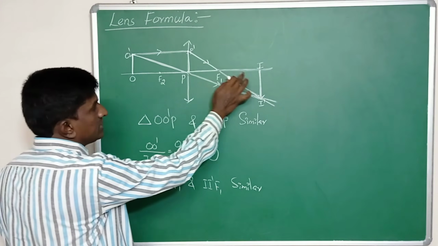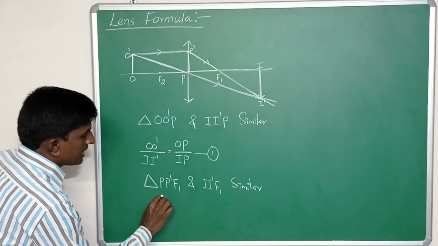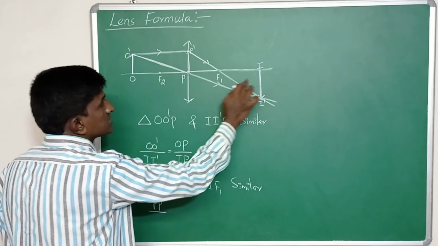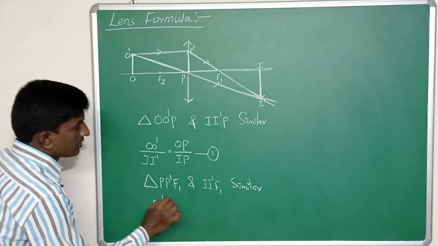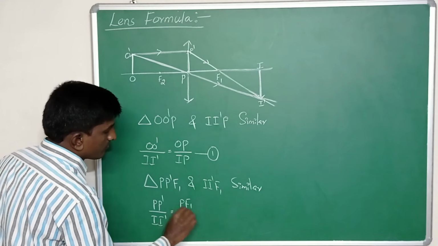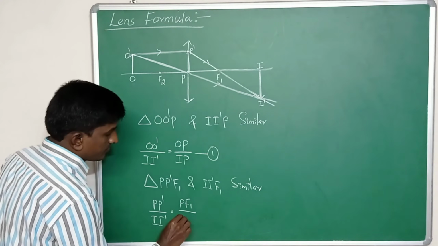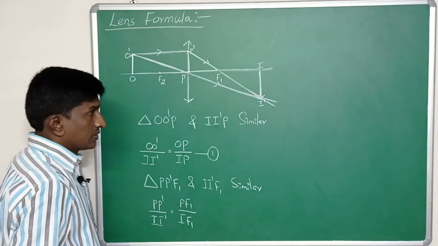From these two similar triangles we can write PP dash by I dash I equal to PF1 by IF1.